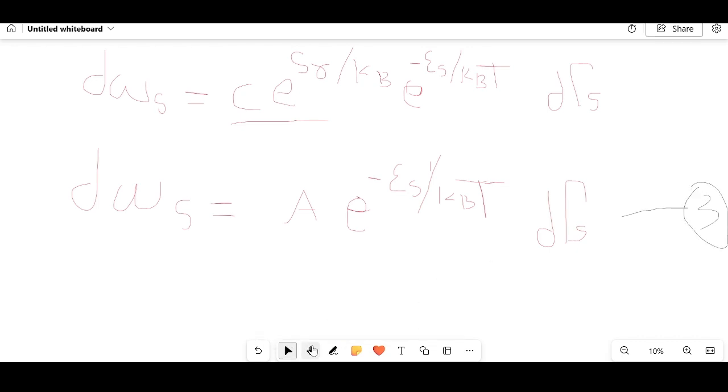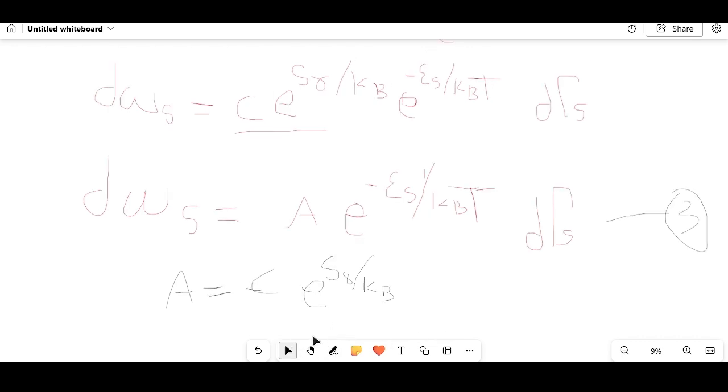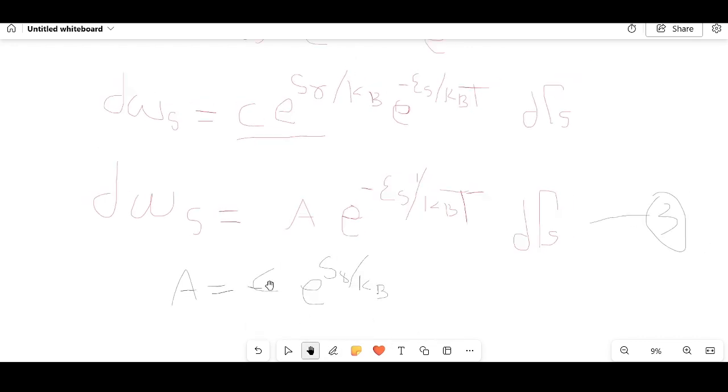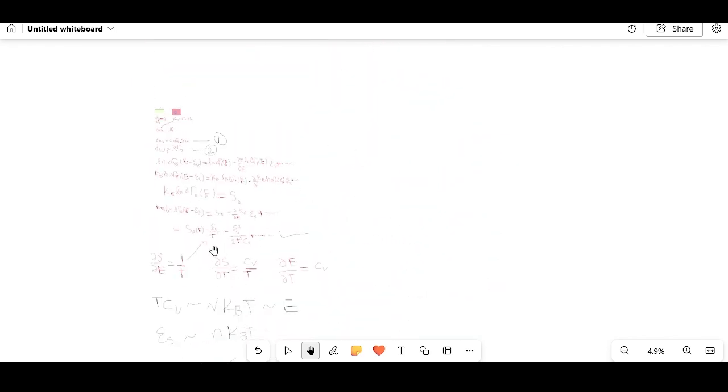And here A is equal to C into e to the power S r divided by Kb. Comparing equation 2 and 3, here we have equation 2.